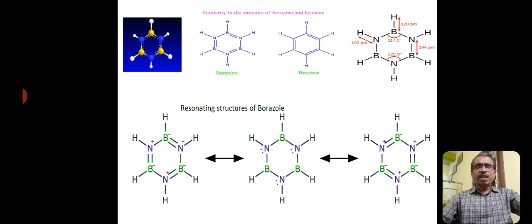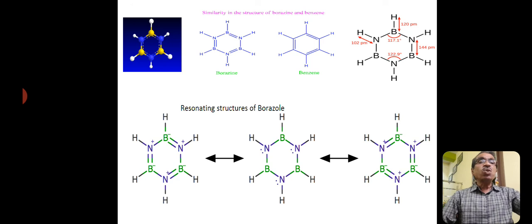Let us compare this with benzene. The C-C bond length in benzene is 142 picometer, whereas in borazine it is 144 picometer. Benzene is also sp2 hybridized and the bond angle is 120 degree.